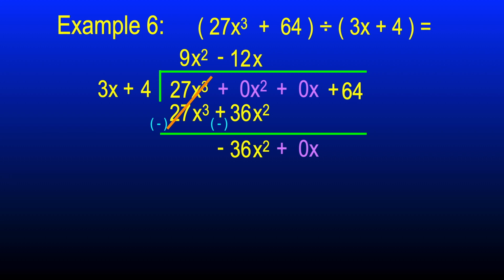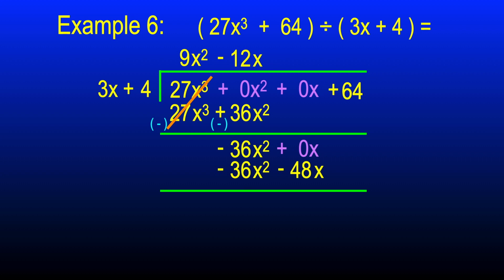Positive times negative is negative. 3 times 12 is 36. X times x is x squared. Tapos mo na i-multiply si negative 12x kay 3x. Kay positive 4 naman. So, 4 times negative 12 is negative 48. Copy lang si x. Ayan.